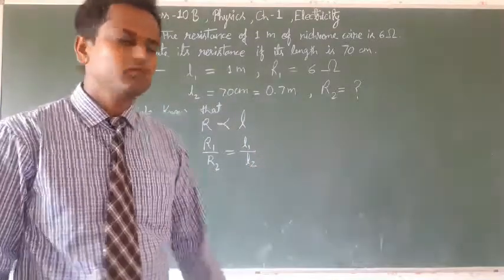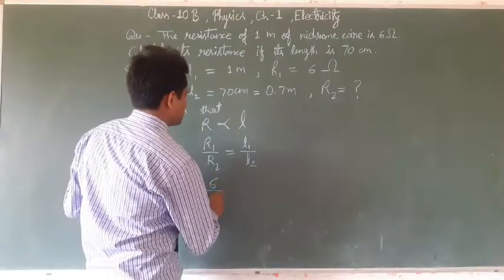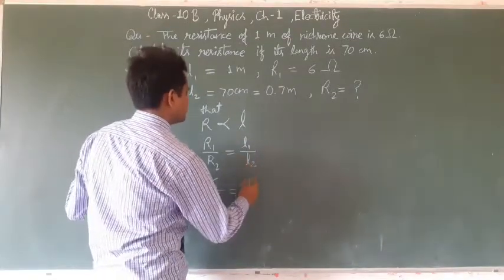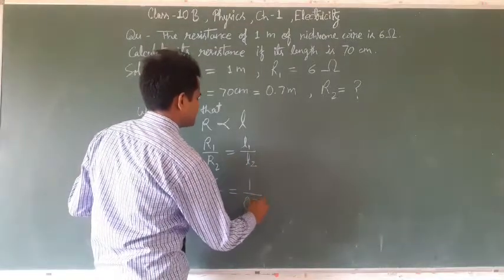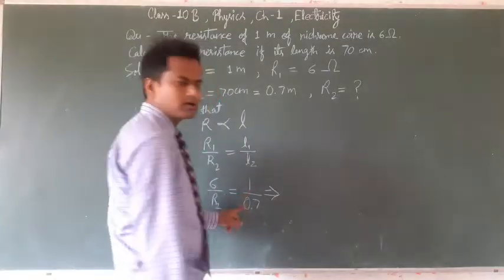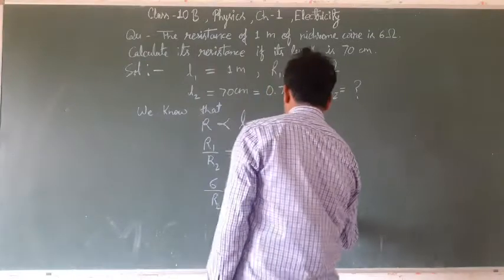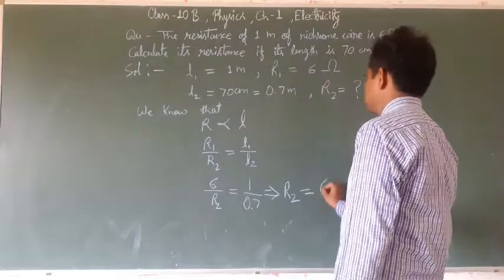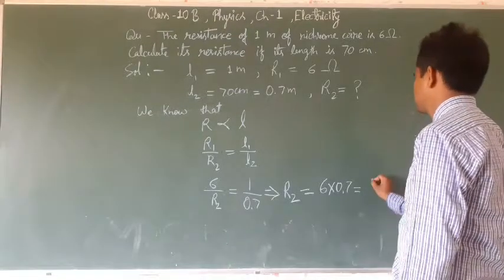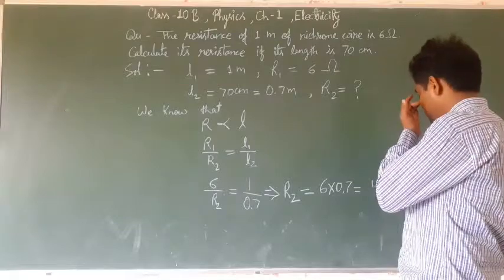Put the given values in this, we get 6 by R2 is equal to L1 is 1 and L2 is 0.7. Then solve this, cross multiply to each other, then we get R2 is equal to 6 into 0.7, that is 4.2 ohm.